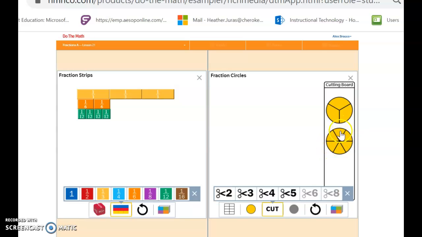And then, in regards to fraction circles, you could even go again. Let's see how many we have here. 1, 2, 3, 4, 5, 6, 7, 8, 9. Well, what if we were to cut it one more time? 1, 2, 3, 4, 5, 6, 7, 8, 9, 10, 11, 12.